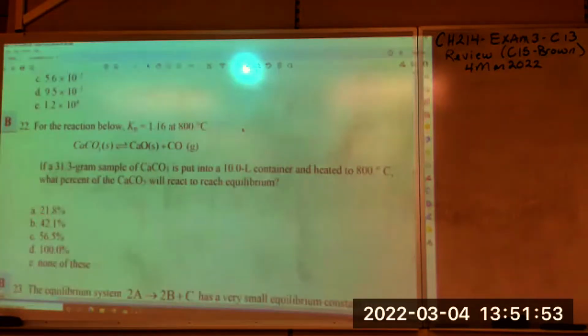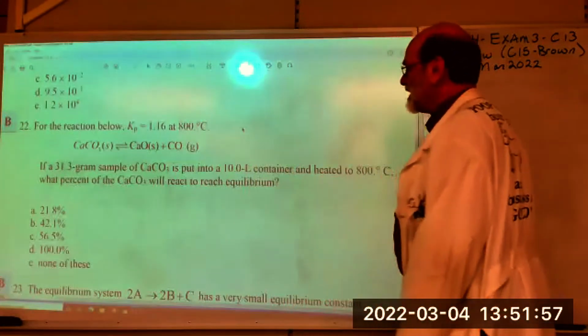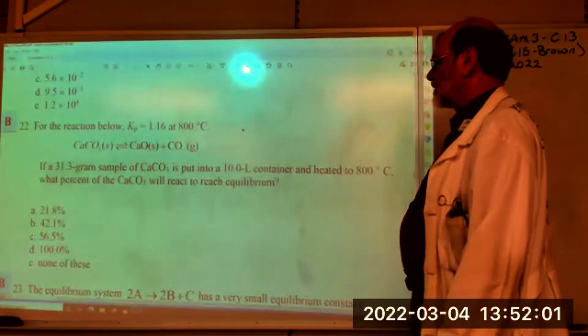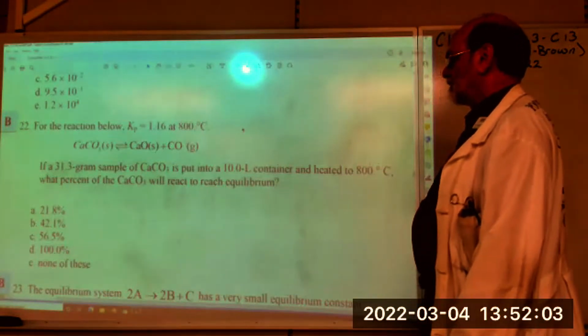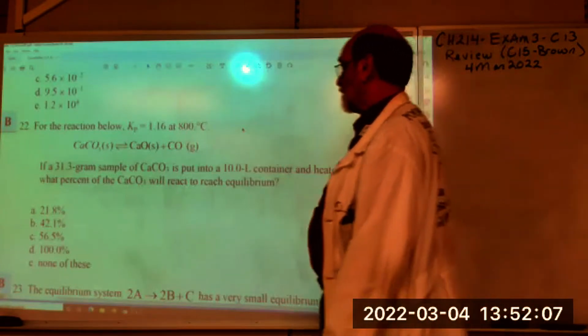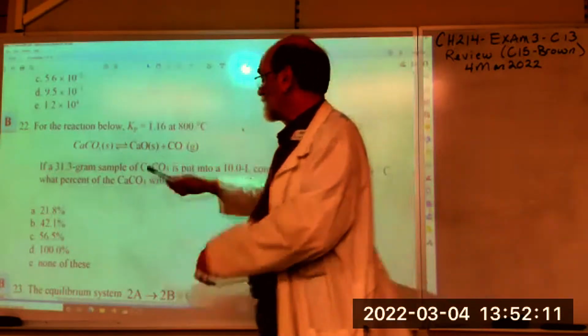Okay. For this reaction, Kp equals 1.16 at 800 degrees. Calcium carbonate yields calcium oxide plus carbon dioxide. The only term in K here is that one. And notice it's Kp.